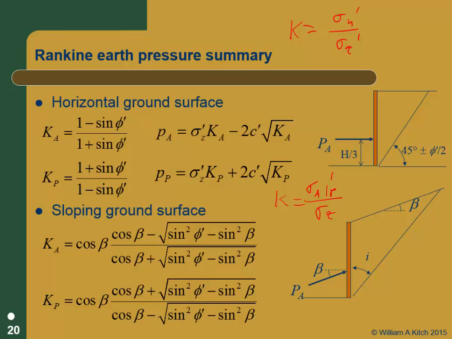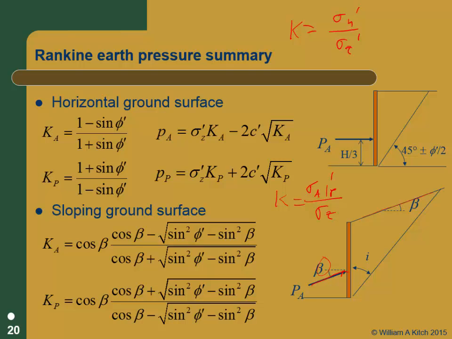In other words, it's the ratio of the resultant acting in this direction, not the horizontal. In the case of Rankine, it's beta, the slope of the back angle. In the case of Coulomb, it's at an angle of delta to the back face of the wall.